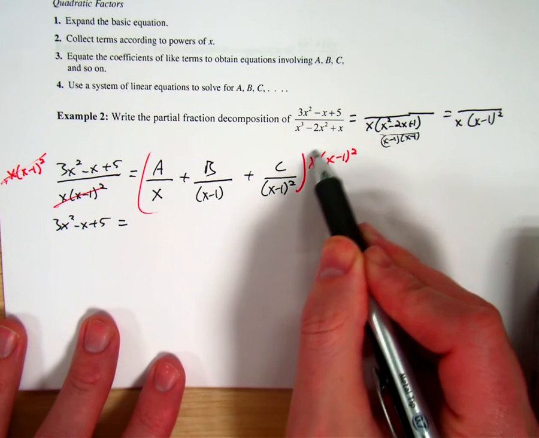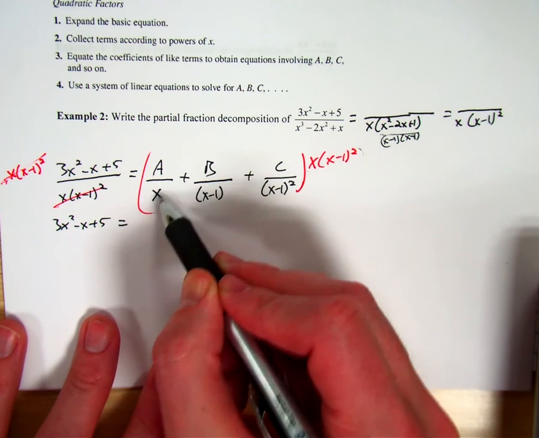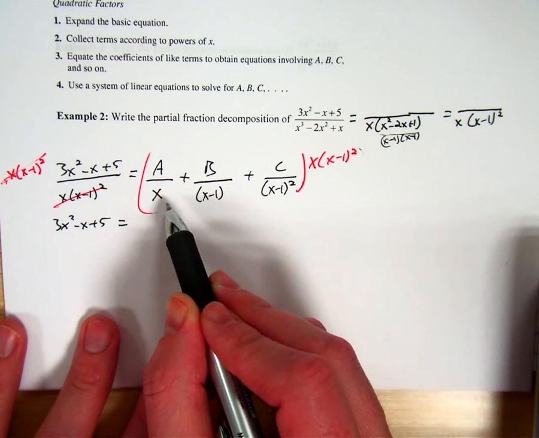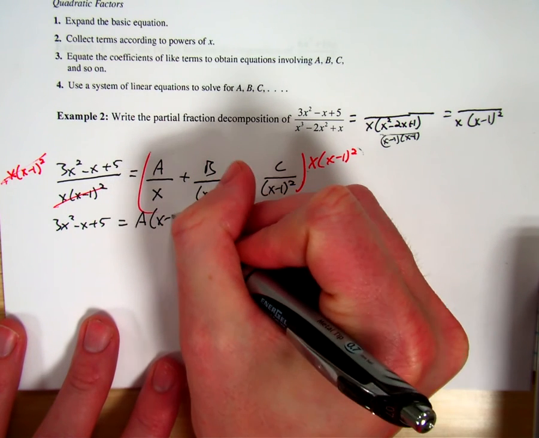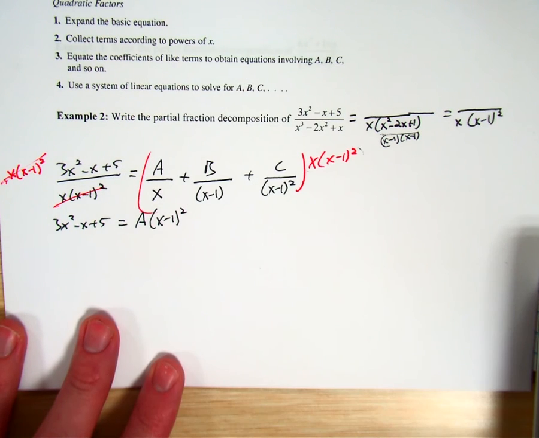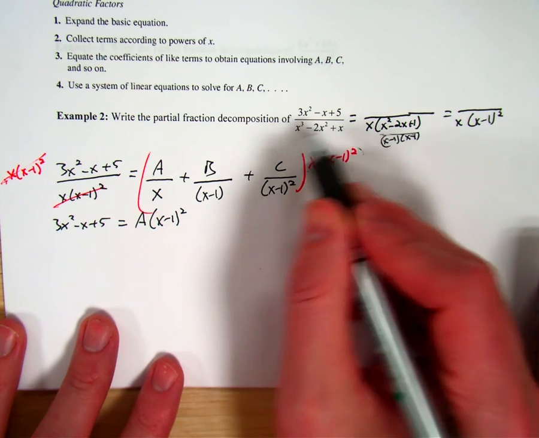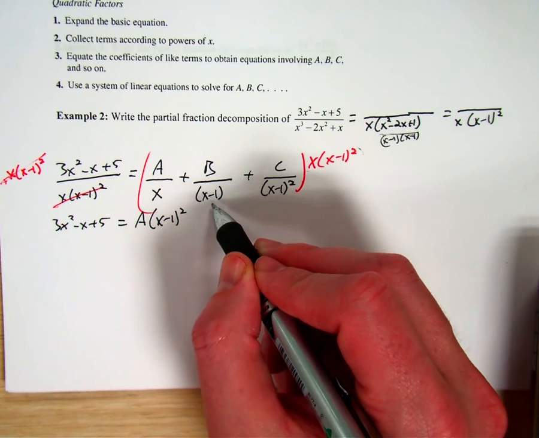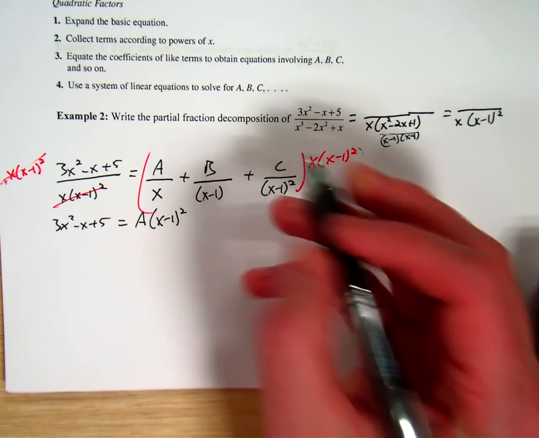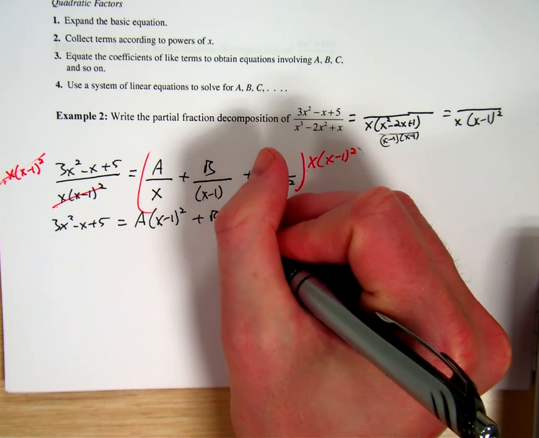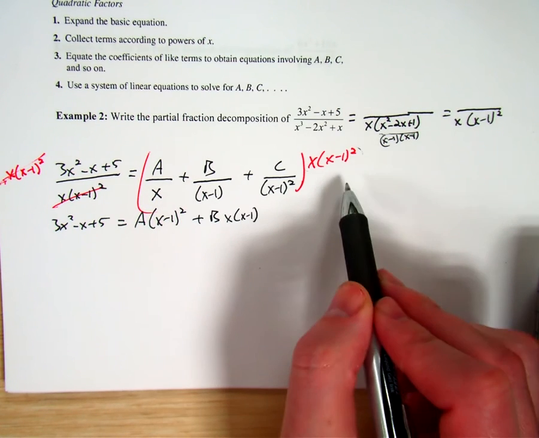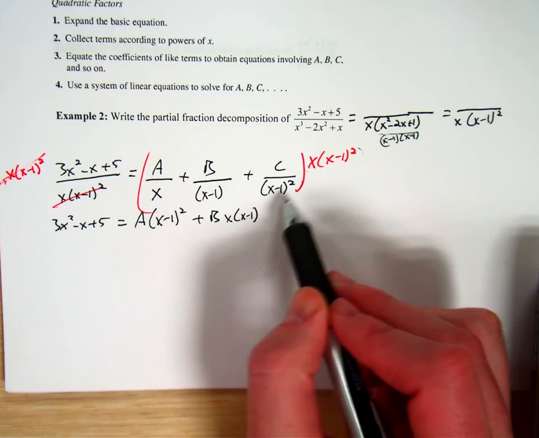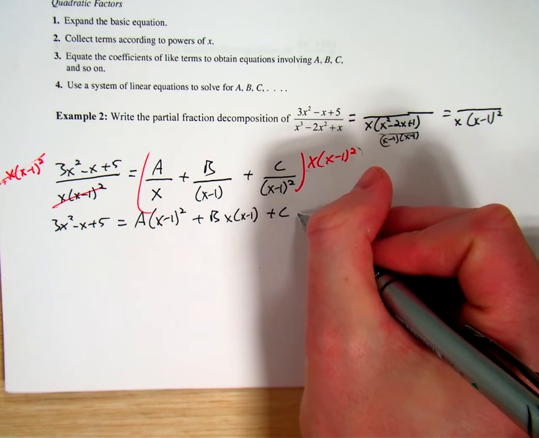When I take this whole thing to this one, the x part would cancel out, and we're going to have a times x minus 1 squared. And then when I take this times this one, this x minus 1 on the bottom is going to cancel out one of those, so we'll have plus b times x minus 1. And then for the c part, the x minus 1 squareds would cancel out. We're going to have plus c times x.